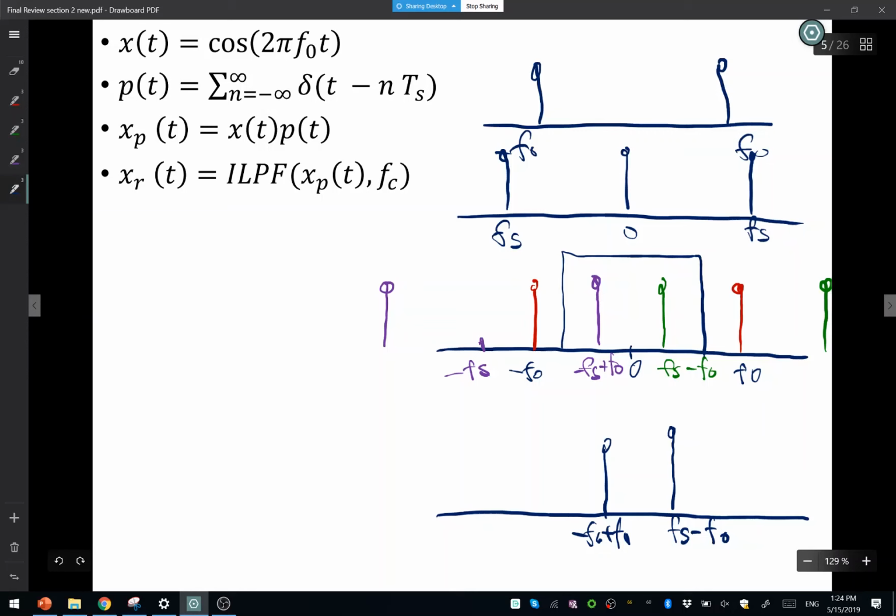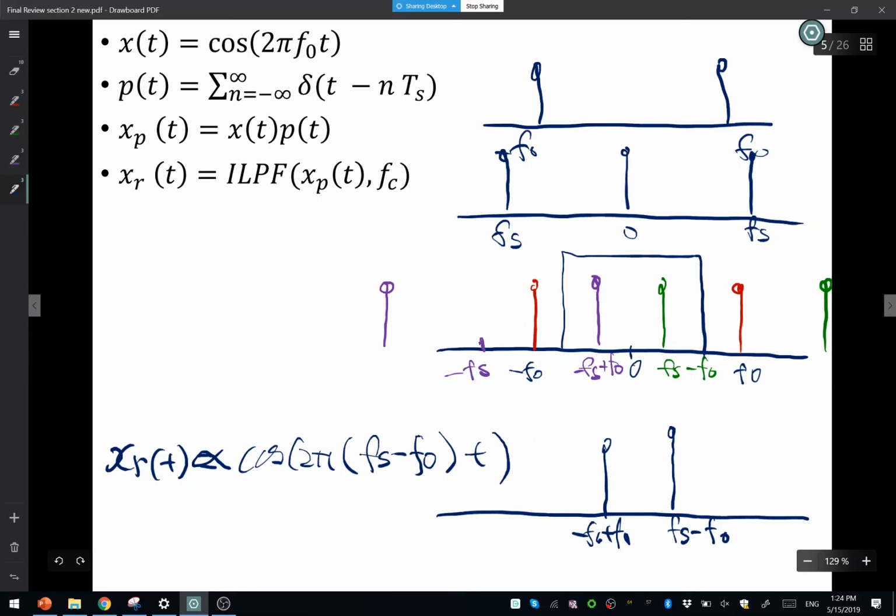So if you write that mathematically, xr(t) is proportional to, because the amplitude we don't care about so much, cosine 2 pi (fs minus f0) t.